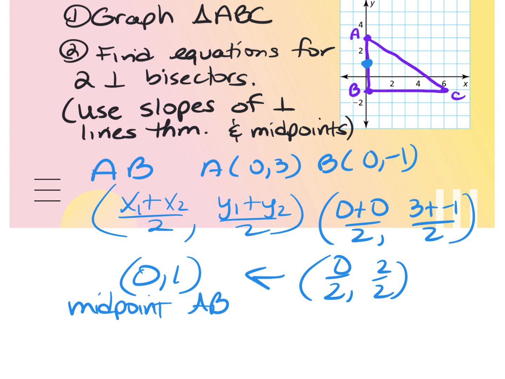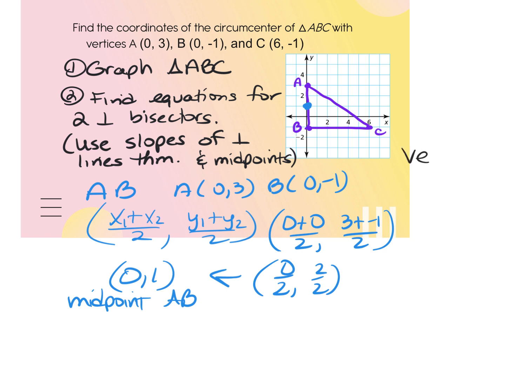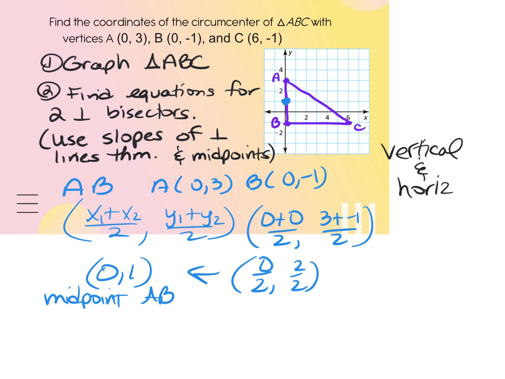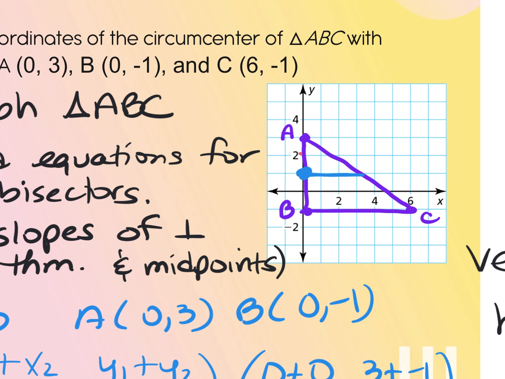Now, one thing also to remember is that vertical lines and horizontal lines together form perpendicular lines. So notice AB is a vertical line. So its perpendicular bisector is just going to be this horizontal line hitting at the midpoint. Because notice it's created this little piece congruent to this, and perpendicular lines are horizontal and vertical.